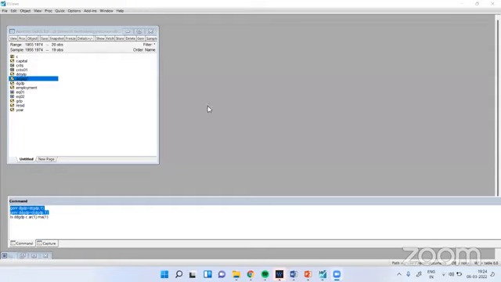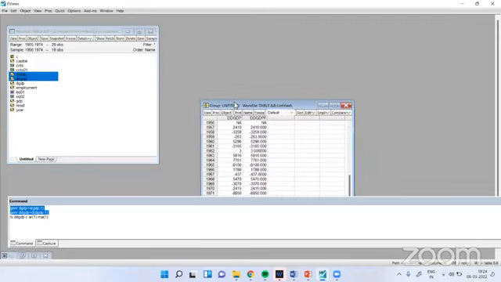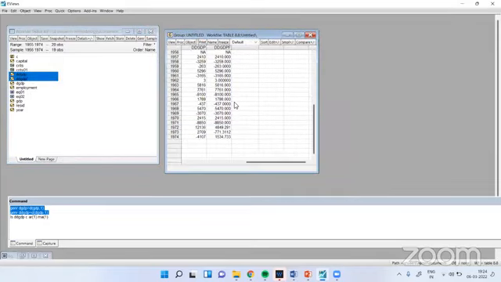Now, select the original DDGDP, original series, and forecasted series, right click, open as group. Is it there?